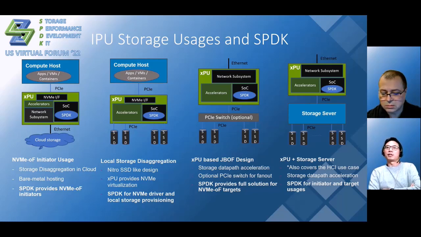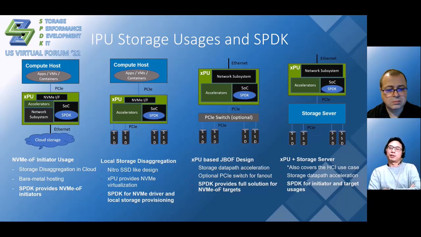The second picture is similar, but instead of going out to remote for storage access, it actually has local SSDs attached to the XPU. I use local storage disaggregation as the way to explain this usage model, but you can see many other different terminologies like local instance storage.